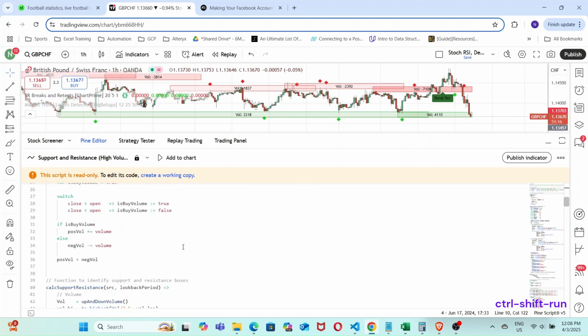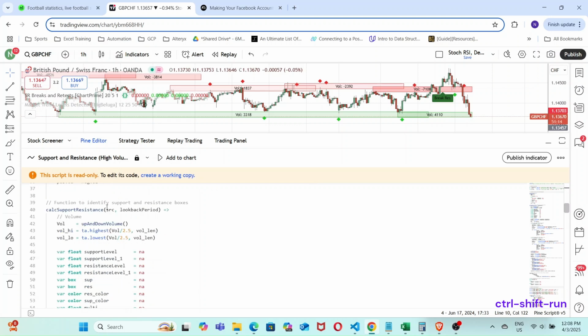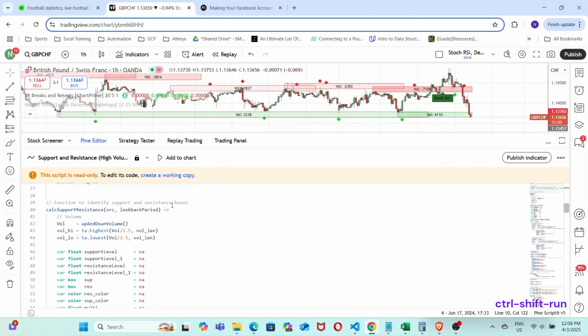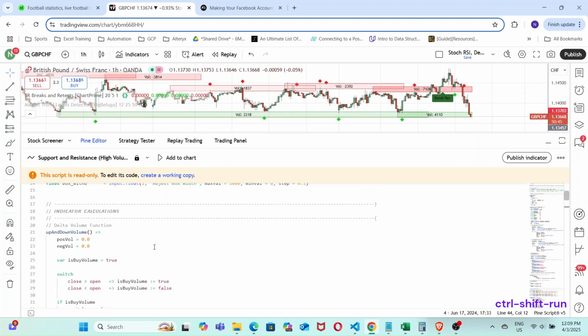Scrolling down a bit, the calc support resistance function is the core of the indicator's logic for identifying support and resistance boxes. For volume filtering, it calculates a volume threshold, vol_high and vol_low, based on the highest and lowest delta volume over the vol_len period. This helps focus on support and resistance levels formed with relatively high volume. Remember that the vol_len variable is a user input set above.